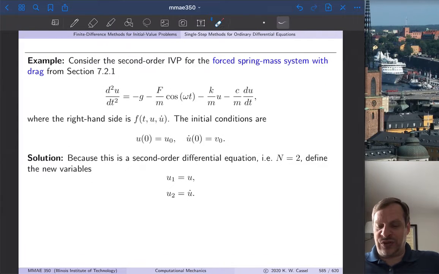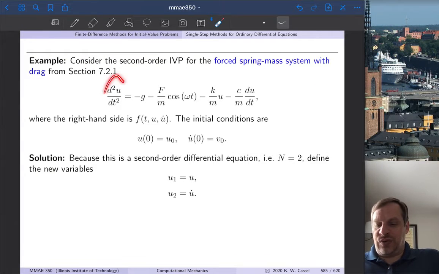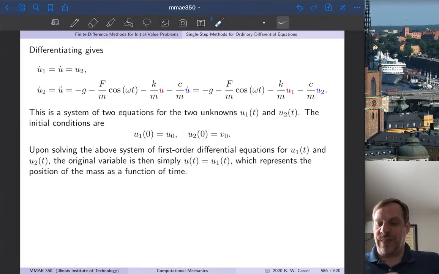Now, as far as the initial conditions, it's second order, so we need two initial conditions. So we specify the position at t equal to 0, and we specify the velocity at t equal to 0. So u0 is the position, v0 is the velocity at the initial time t equal to 0. So in terms of the new variables, u is u1, so u1 at t equal to 0 is u0, and u dot is u2, so u2 at t equal to 0 is v0.